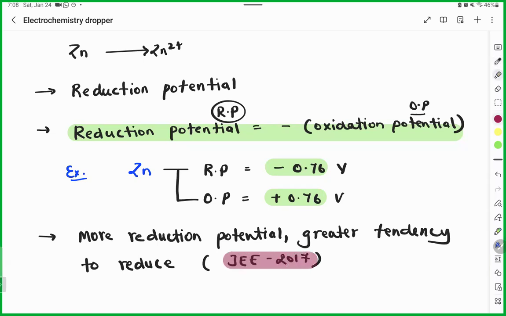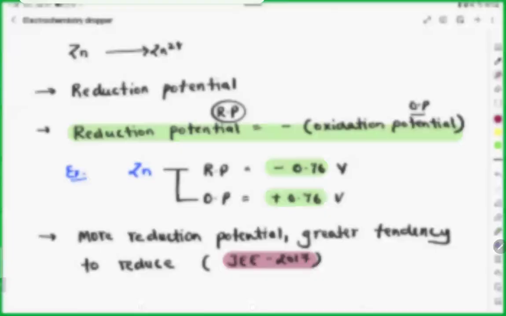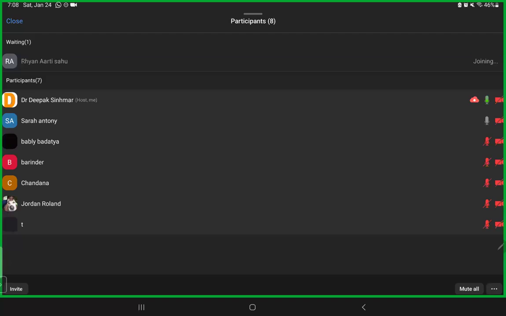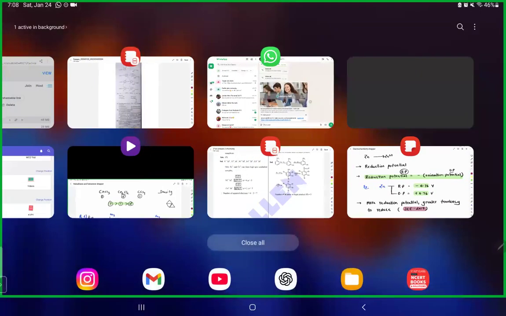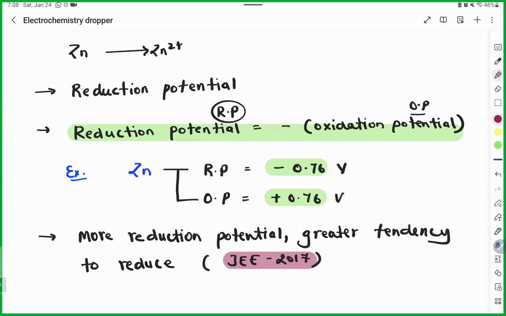Though this is a very basic statement, as I mentioned, I will discuss all the 10 papers of JEE which you wrote recently, from all the shifts. Every single question will be discussed because it will be great practice. There I'll tell you how they frame the question. It has been only NCERT for the past few years.